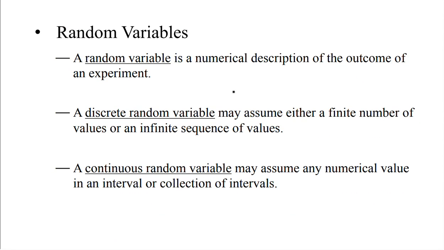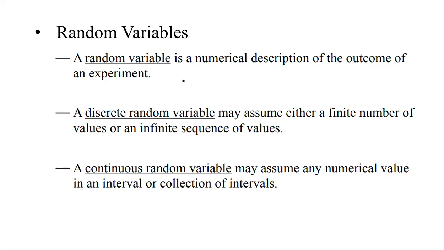Let's start with a quick introduction to what is a random variable. So a random variable basically is any variable that has a numerical description of the outcome of an experiment. What we are looking at basically is any variable that has a numerical value as its outcome.